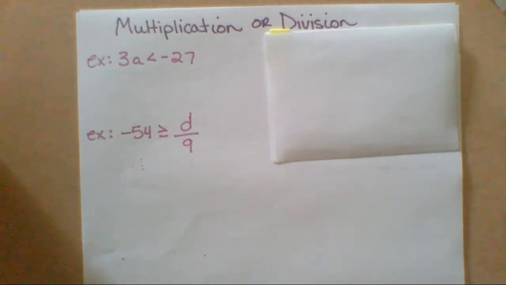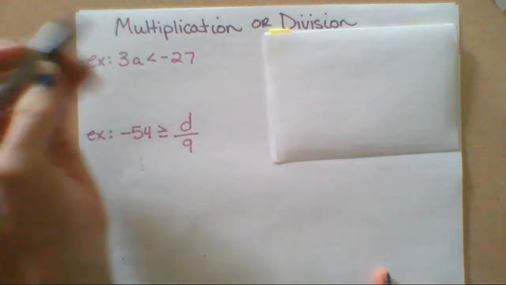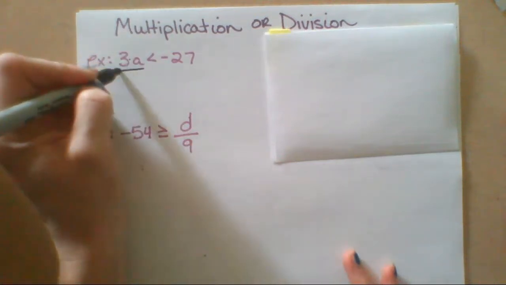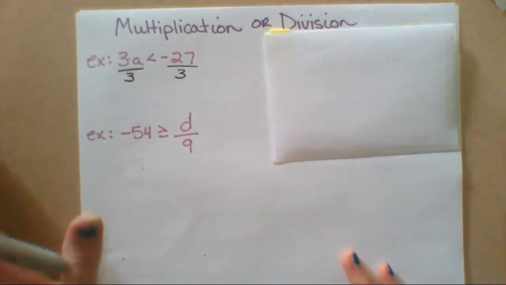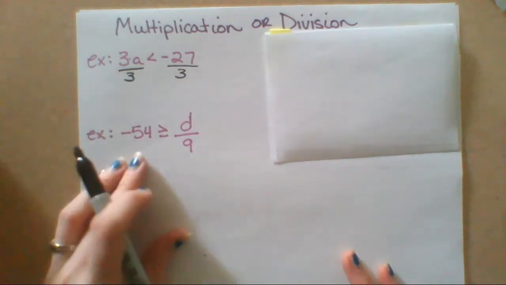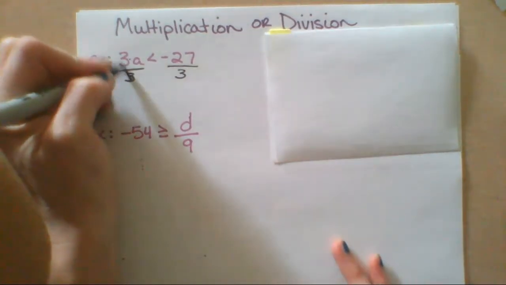All right. 3a is less than -27. I see multiplication between 3 and a. Inverse operation says to divide by 3. What I do to one side, I do to the other. Still no difference than when you did equations. These 3's are going to cancel out.